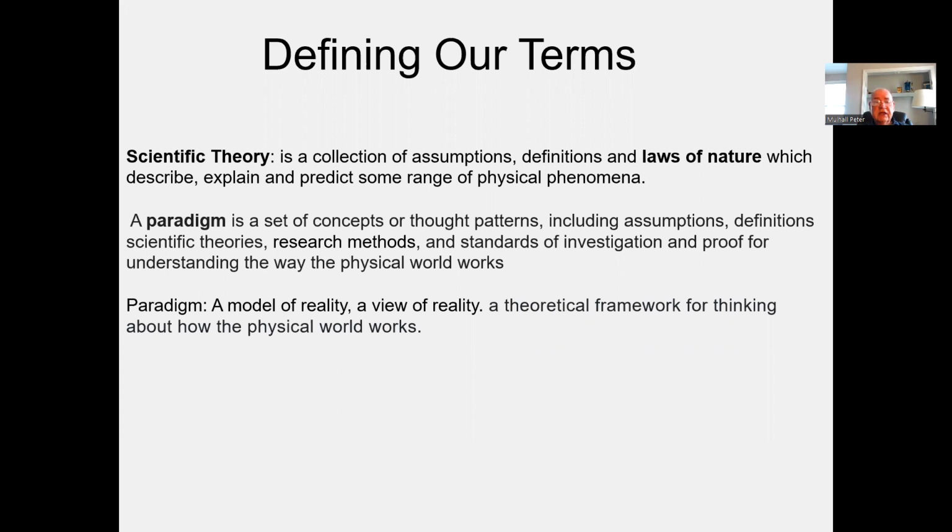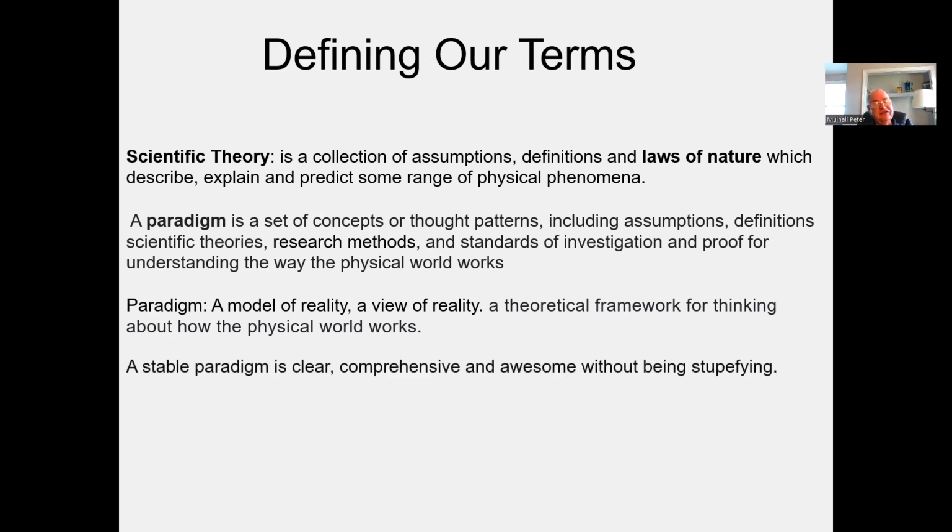Yes, it's a very encompassing, comprehensive way in which we understand the entire physical world and how it works. That would be a paradigm, and we need to study that in our course. A paradigm is another way of saying a model of reality, a view of reality, a theoretical framework for thinking about how the world works the way it does.